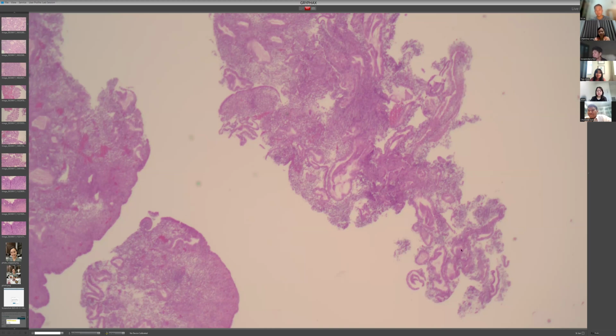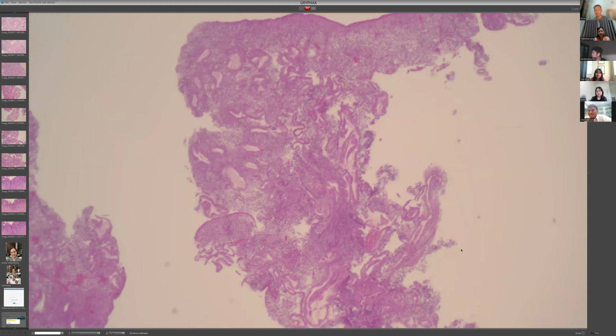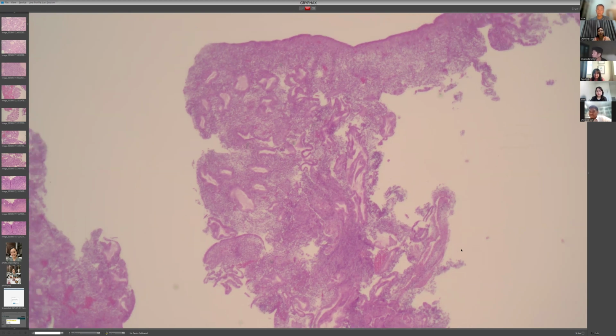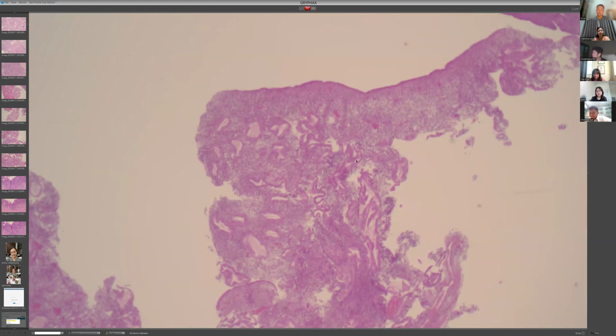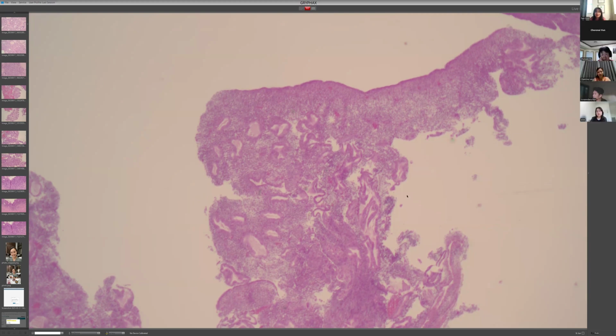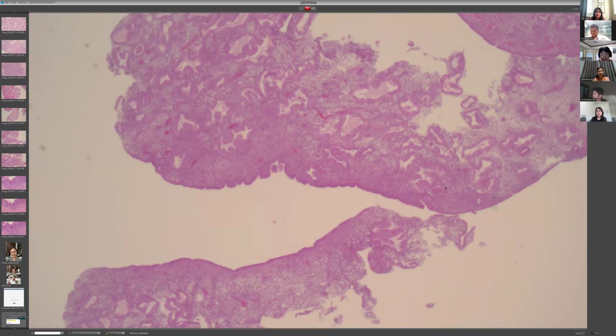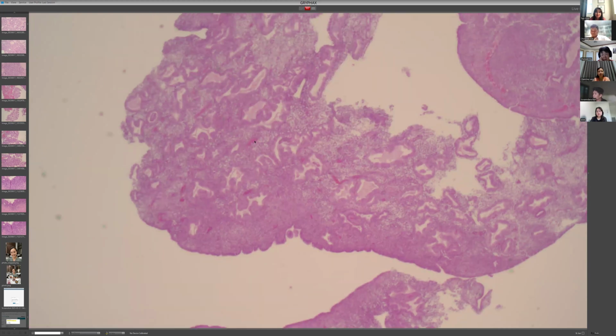It often happens with curettage because you're trying to get as much sample as you can, kind of scraping. So you have some disorganized glands and fragments here, and you have congested blood vessels.